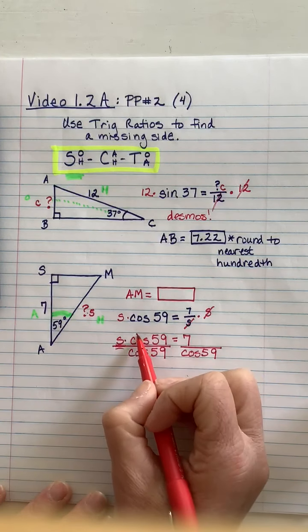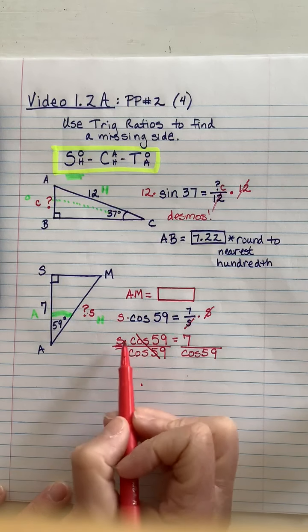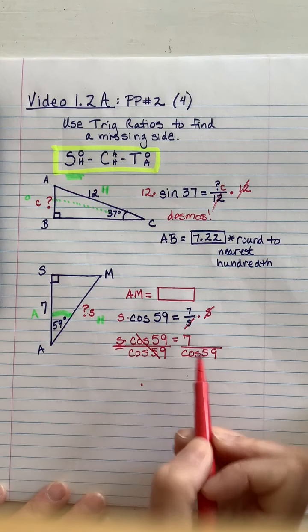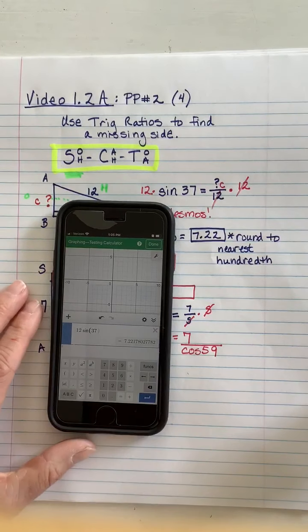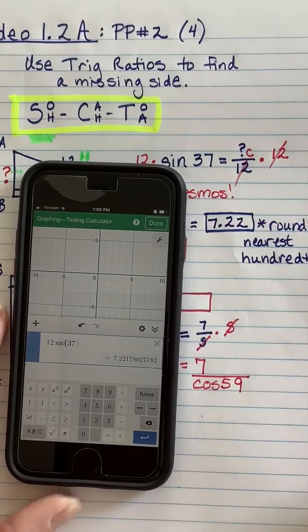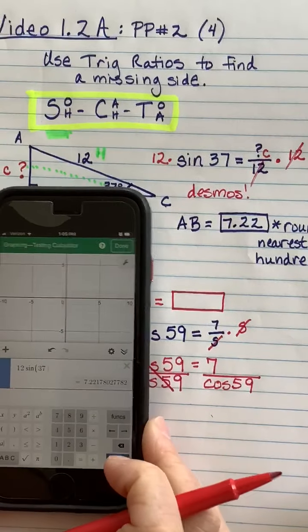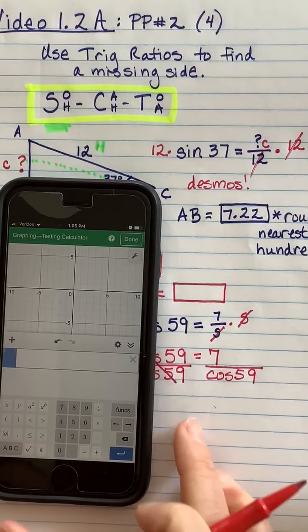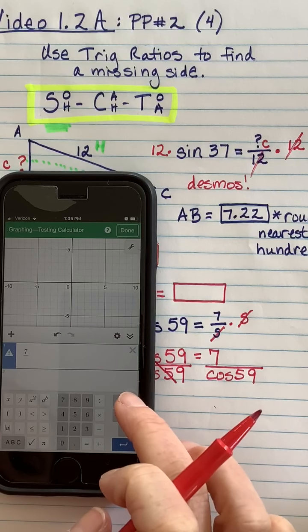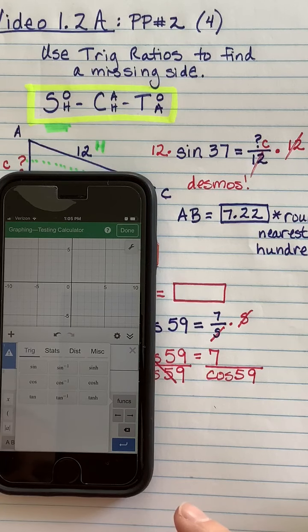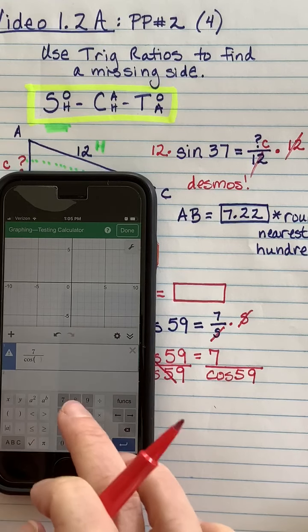All right, so it divides out. Now I'm left with s is equal to that expression. I need to go back to my handy dandy decimals. Zoom in a little bit so you can see. So now I'm going 7 divided by cosine, remember back to functions, cosine 59.